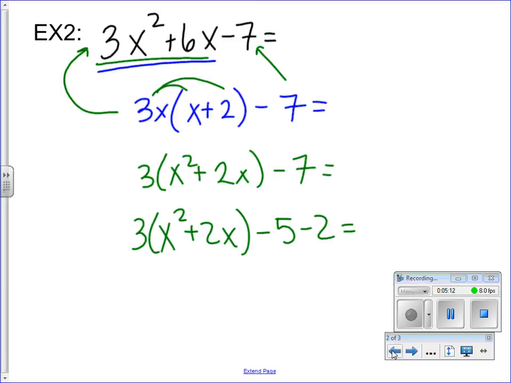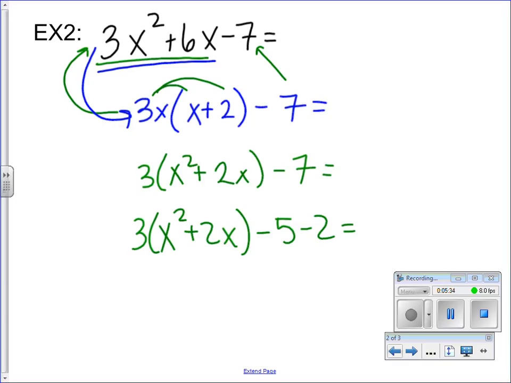How about example 2? Some common mistakes we might see. Okay, well, so going from here to here, we're taking a 3 and an x out of the first two terms. So we're actually just dividing the first two terms by 3x.